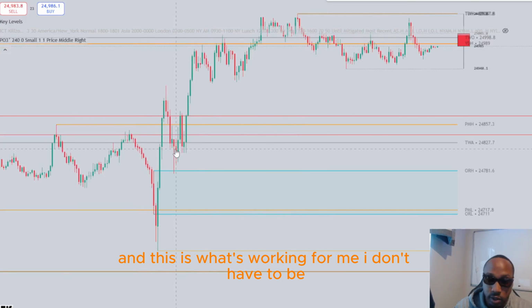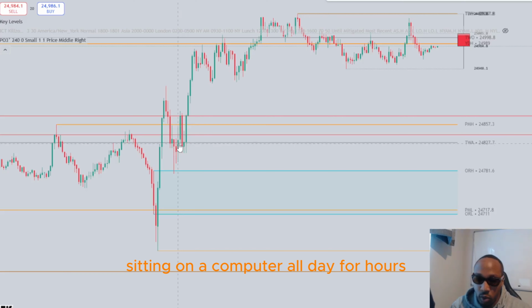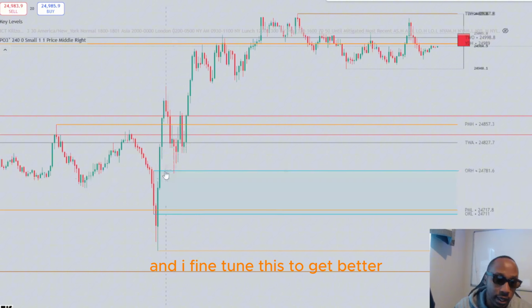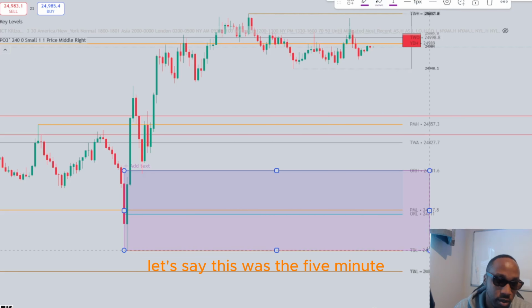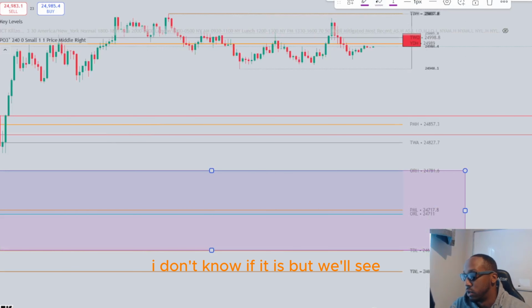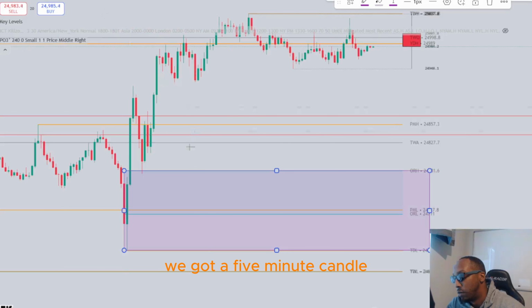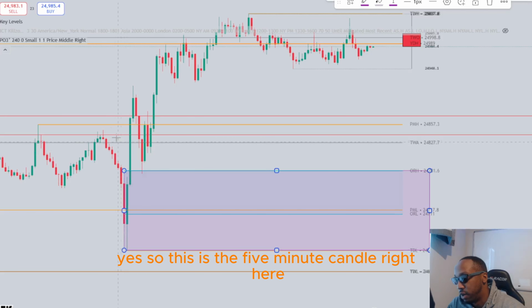I don't have to be sitting at a computer all day for hours, and I fine-tuned this to get better, precise action. Imagine, check this out. Let's say this was a 5-minute. We got a 5-minute candle right here.